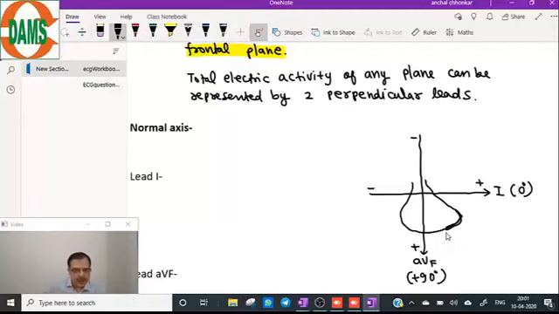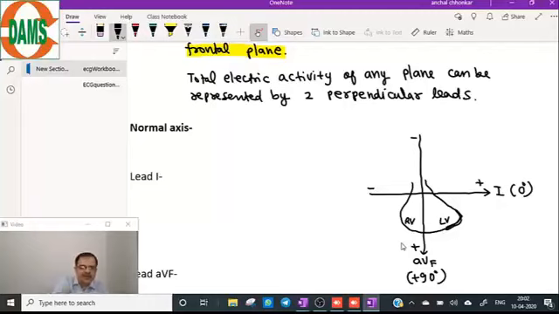and we know that the left ventricle is more powerful. It takes the net depolarization direction towards its side. Here is the left ventricle and this is the right ventricle. Now what we will do, we will take the net amplitude of QRS in lead 1.